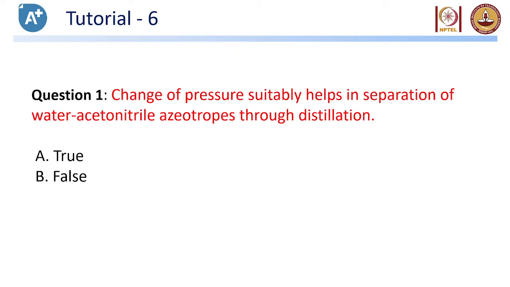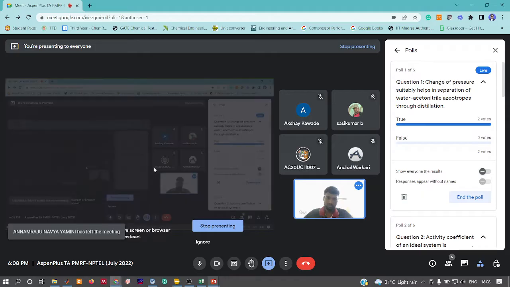Water and acetonitrile would form an azeotrope, so can we change the pressure of this system and do a distillation? Okay, only 2 votes. Others?